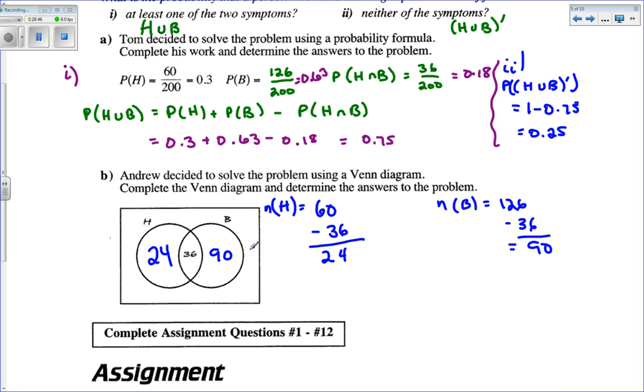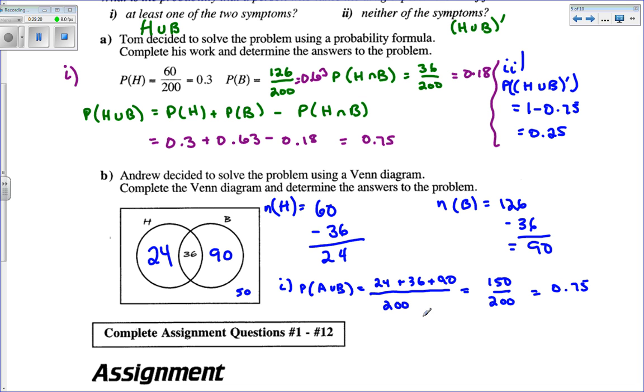Okay. And that means if we add this up, 24 and 36 is 60, plus 90 is 150, so that means there's 50 that are outside. So then, for the first part, we want the probability of H or B, or both. So that's 24 plus 36 plus 90 over 200, which gives you 150 out of 200, or 0.75.